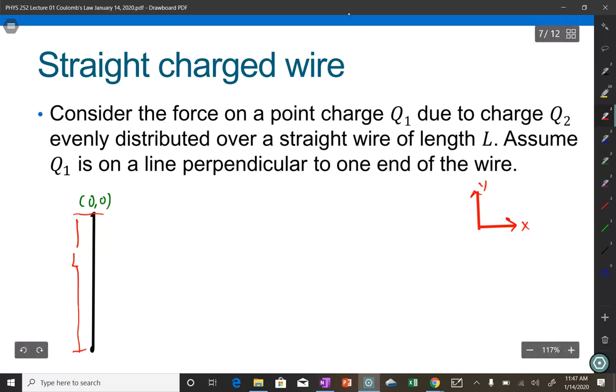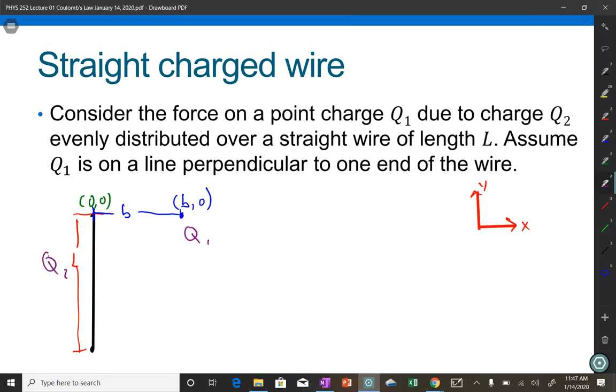And then I'm going to look at the force on a particle out here at (b, 0), b because it was part B, just in case you're wondering about the nomenclature. So this distance right here is b. This charge here is going to be capital Q1 to match my problem, and this one here is Q2.